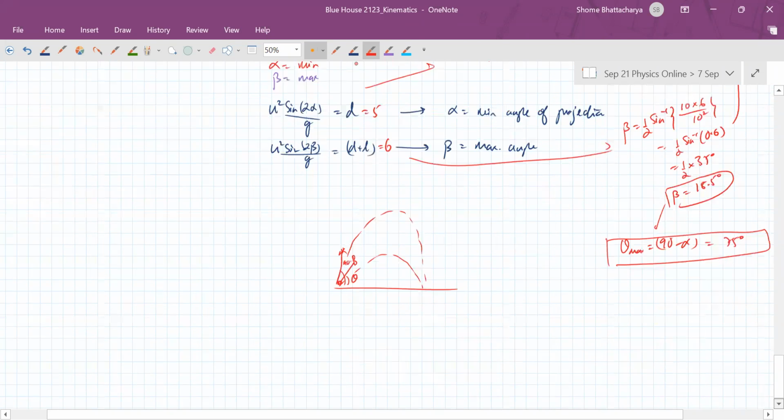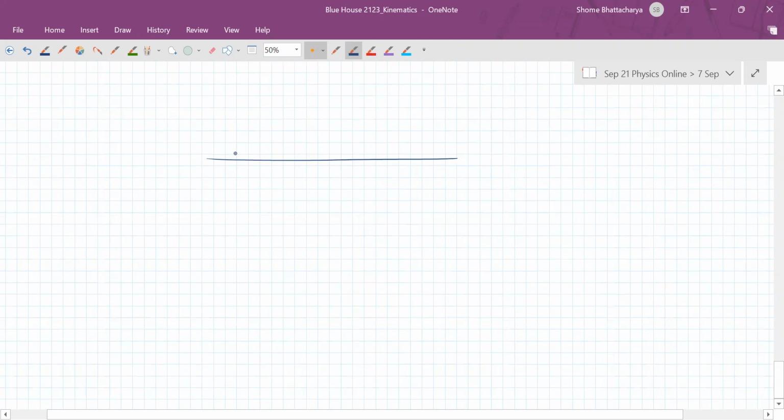If we project at any angle alpha, where alpha is greater than or equal to 15 degrees but less than 18.5 degrees, then you're getting a range like this.